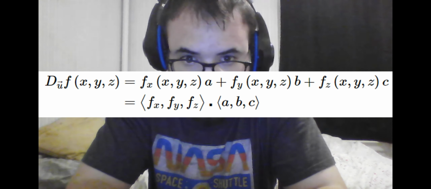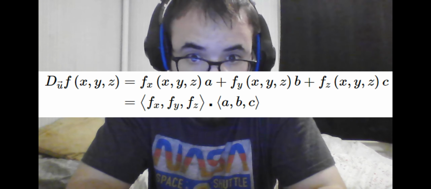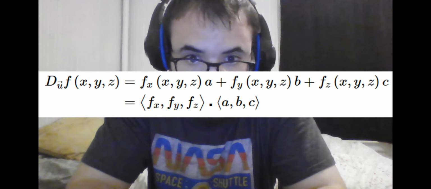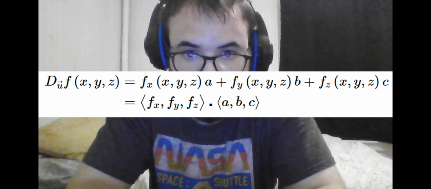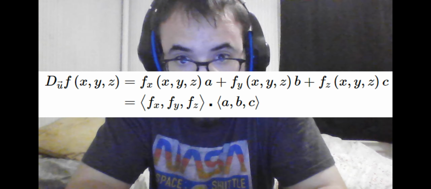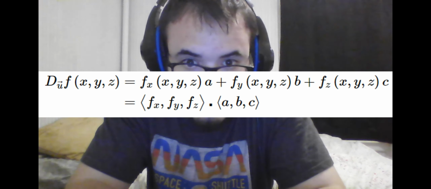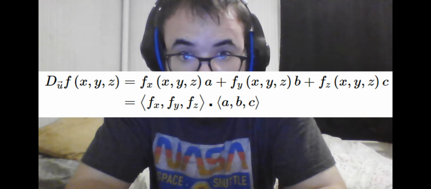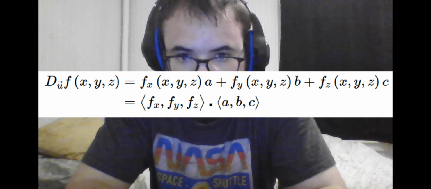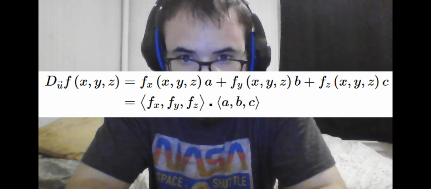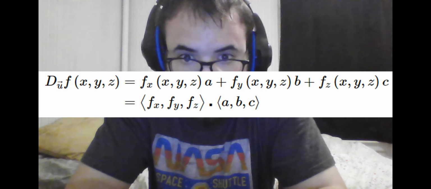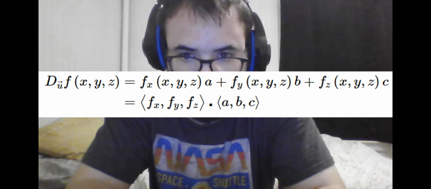And this is true for all the variables individually, and then we add these. And we can see, by how we know vector multiplication works, that this is a dot product, where one vector is the partial derivative of each variable, and the other vector is the components of the rate of change of each variable over the change in output, or essentially the components of the vector that gives the direction.